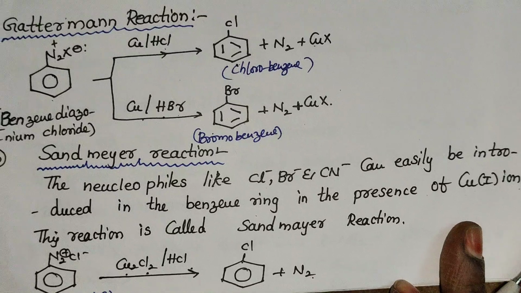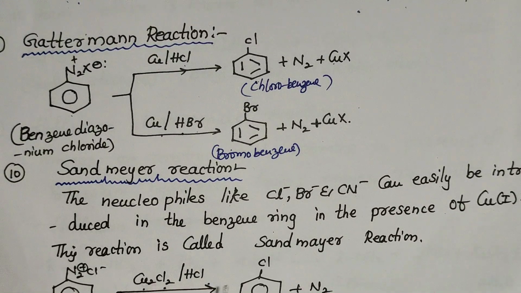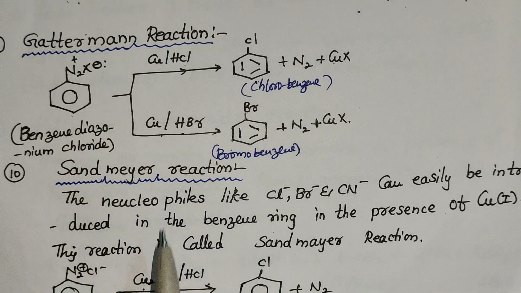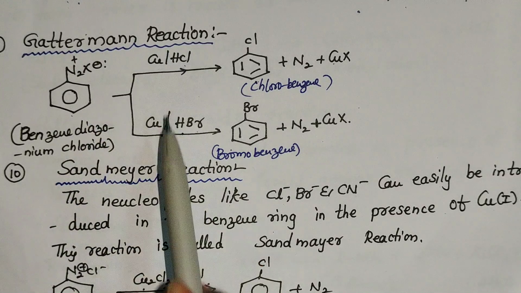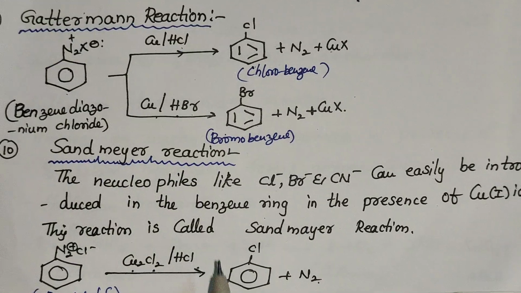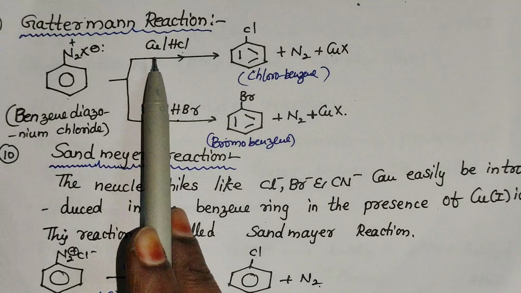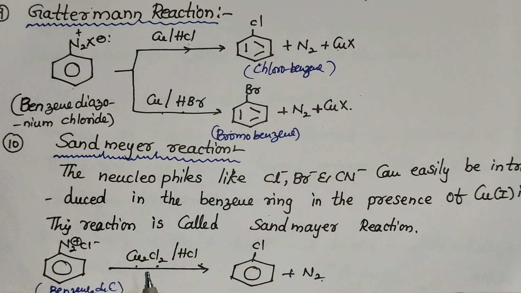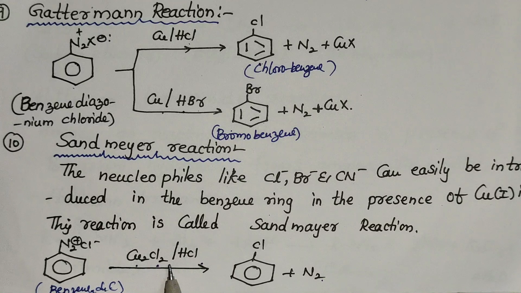Don't forget, the Sandmeyer reaction product and the Gatterman reaction product are the same, and the reagent is also the same, but the middle reagent is different. Copper is used in the Gatterman reaction. Cu2Cl2, copper chloride, is used in the Sandmeyer reaction.